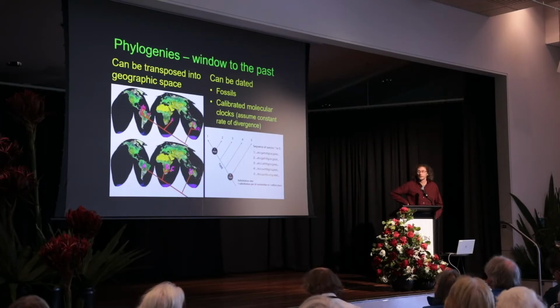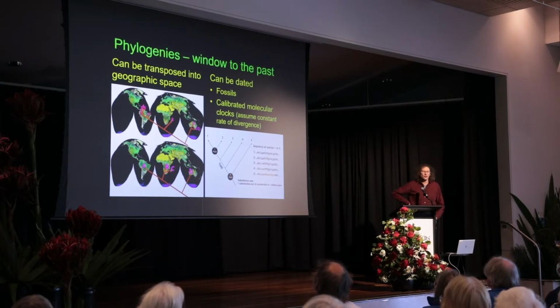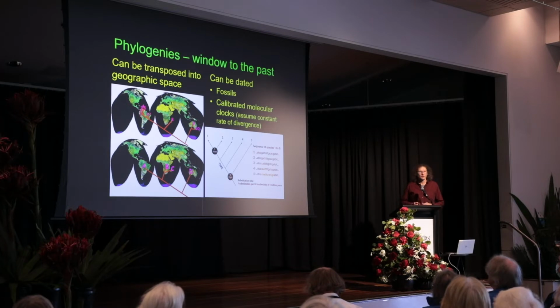It's basically the same technique that can be used to reconstruct these family trees, or phylogenetic trees as they're known. And the important advance that's happened in the last couple of decades is that we can actually date the vertical axis of these family trees and put some time frames on how long ago different genera and different species actually diverged from one another.